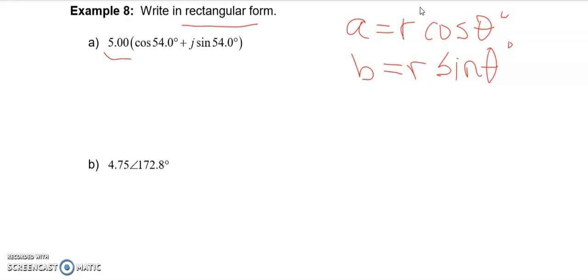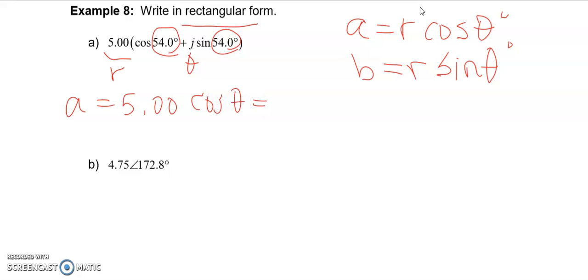Well, there's your R right there for the first one is 5. You'll notice that the angle in both situations has to be the same, and that's your theta. So all you need to do is to calculate this one: A is equal to 5.00 times the cosine of theta. And that will leave us with approximately 2.94. And B is going to be equal to 5.00 times the sine of theta.